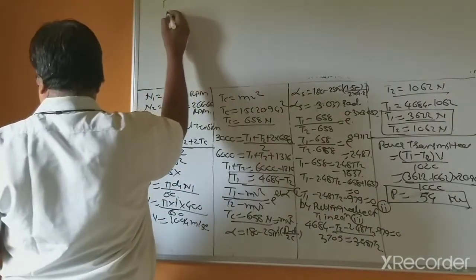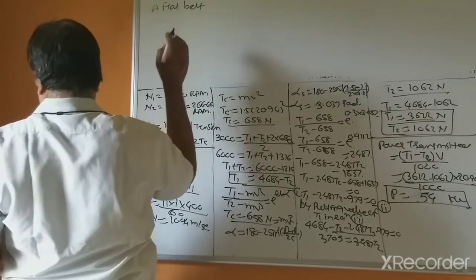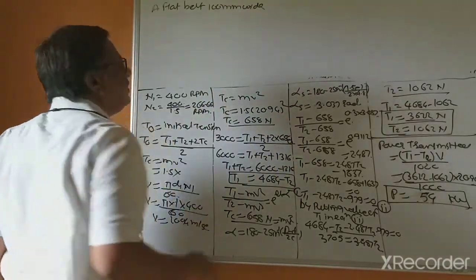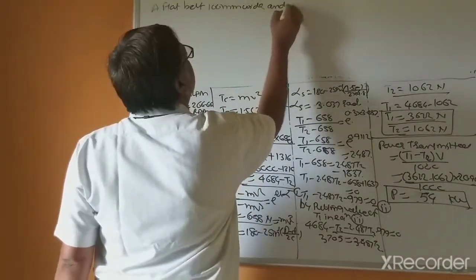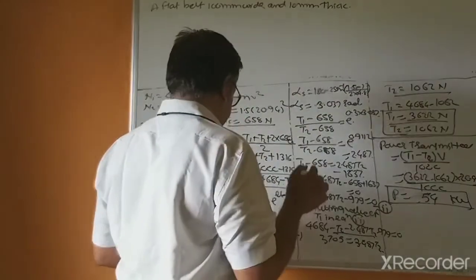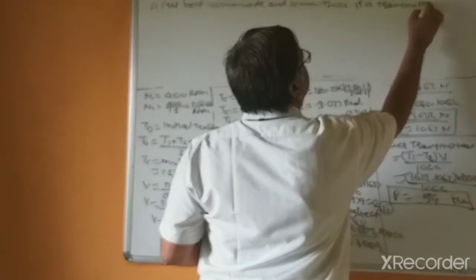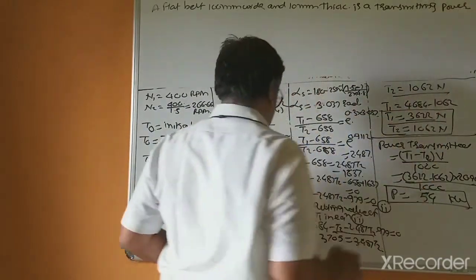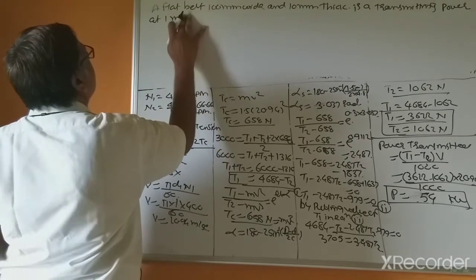A flat belt, 100 mm wide. In this problem, the dimensions of the belt are given, and 10 mm thick, is transmitting power at 1000 meter per minute.